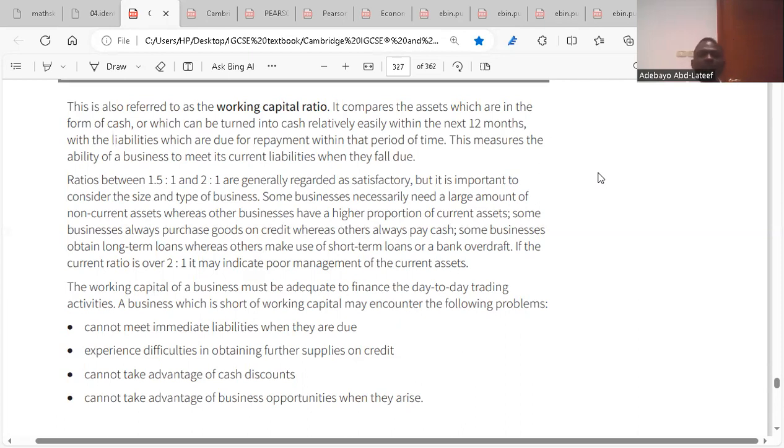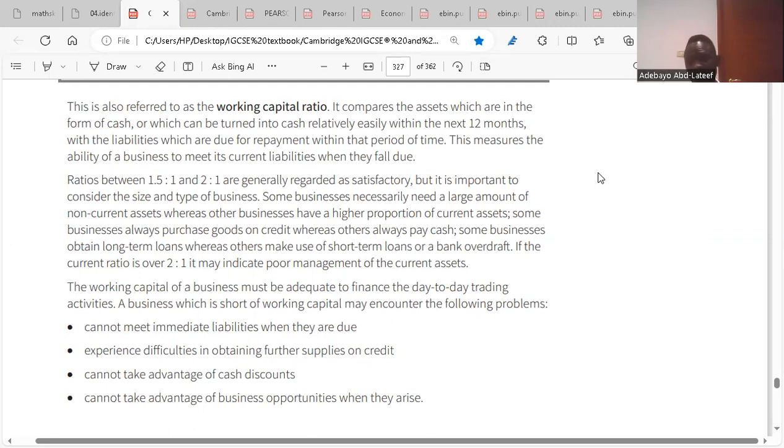Okay. The working capital ratio is the same as the current ratio, which is current assets divided by current liabilities. We're talking about liquidity. Liquidity means how easy it is for assets, especially current assets, to be turned into cash.